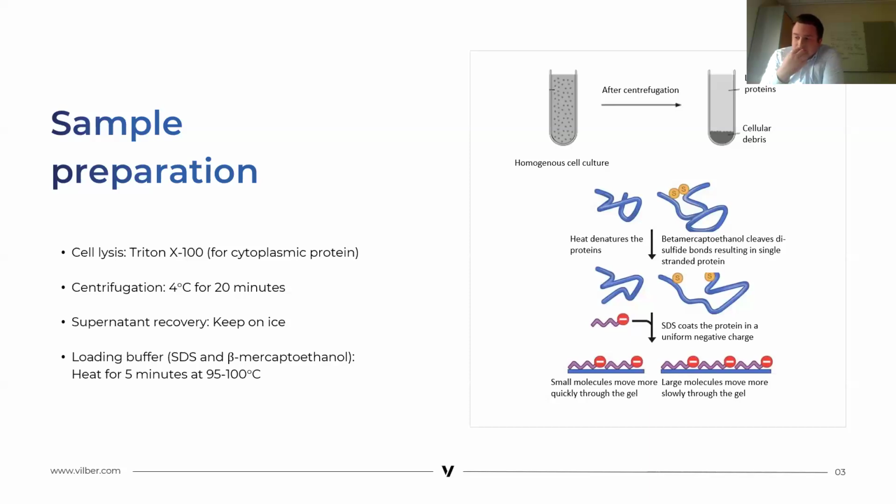And also, you have to look at your imager, and maybe the cooling is not enough. So you will need a better cooling if you want to reduce the background and just have a clean membrane.